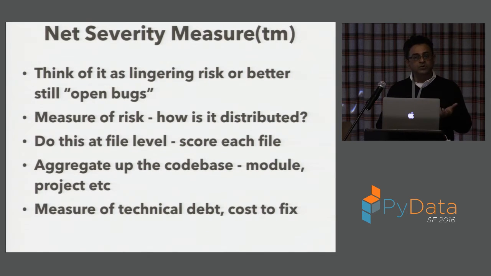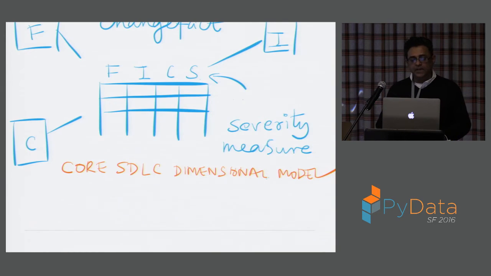But most importantly, aside from risk, it's a measure of technical debt, because there's stuff that needs to be still dealt with. And maybe the answer is not to fix the bug, but maybe it is to refactor. So whatever it is, it's a measure of work that remains to be done. And so that's kind of the core software development lifecycle dimensional model for people who are familiar with these terms.